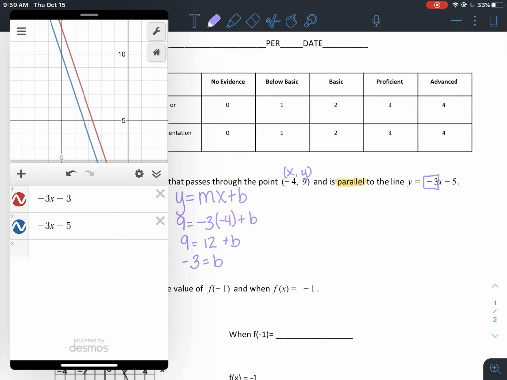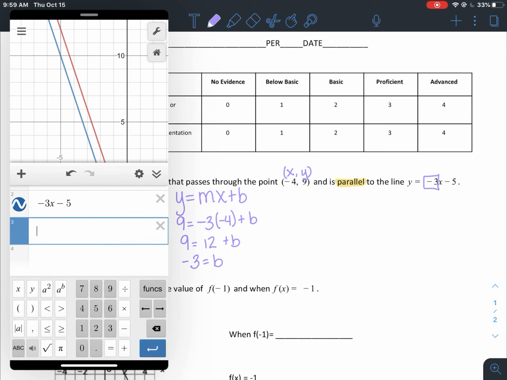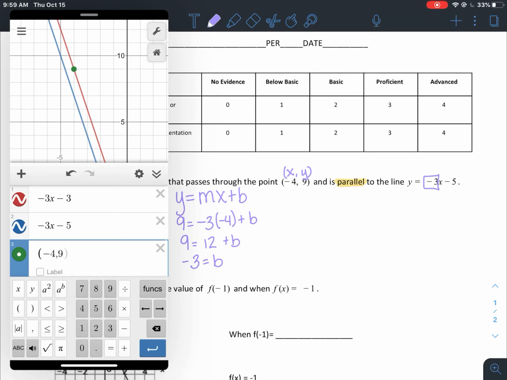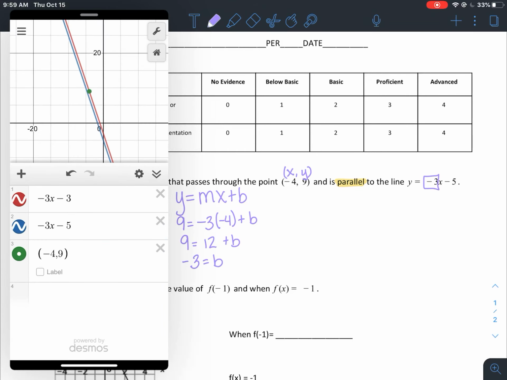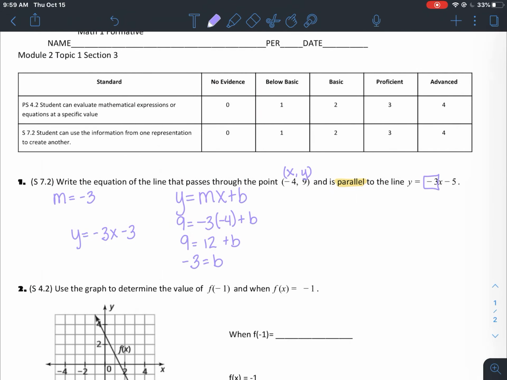So -4, 9, let's see if I can plot it. There we go. Perfect. Okay, so the red line was the one that we created. The blue line was the one that was given to us. And the point (-4, 9) I graphed is the green dot there. Those lines are parallel, so it satisfies all the requirements that question 1 was asking us.